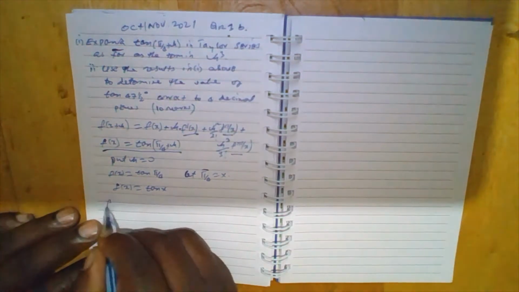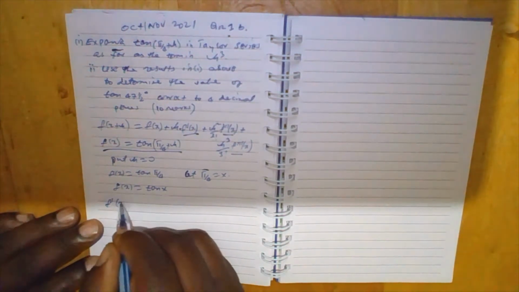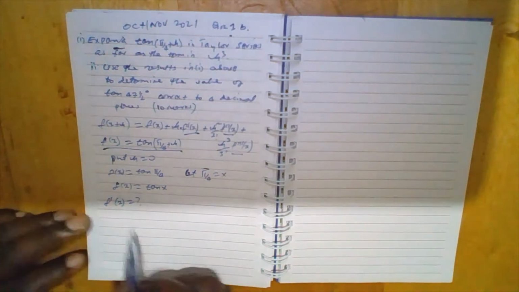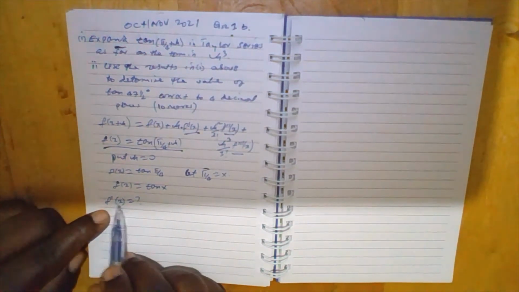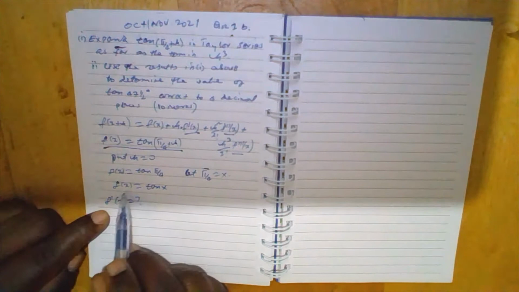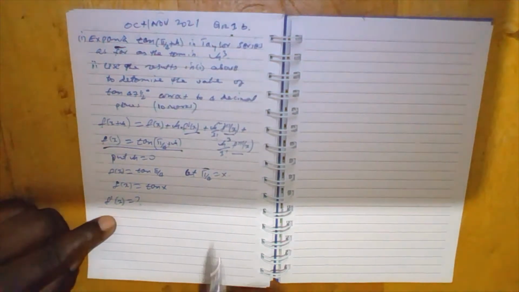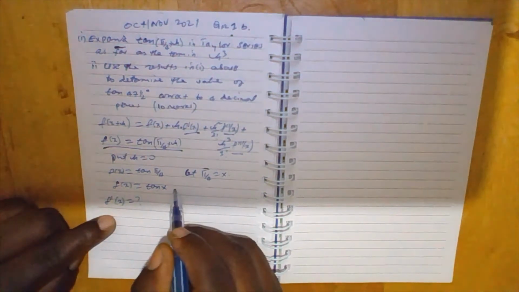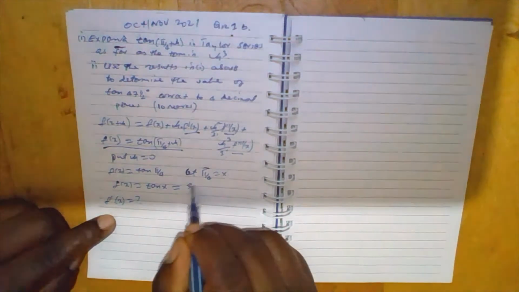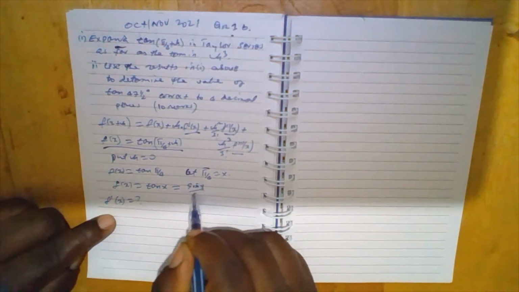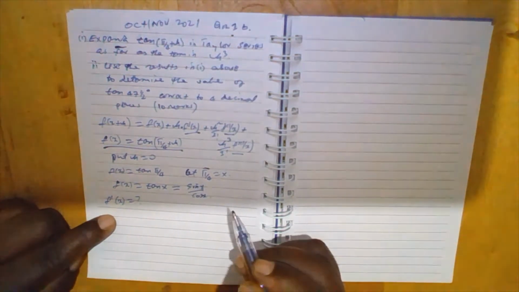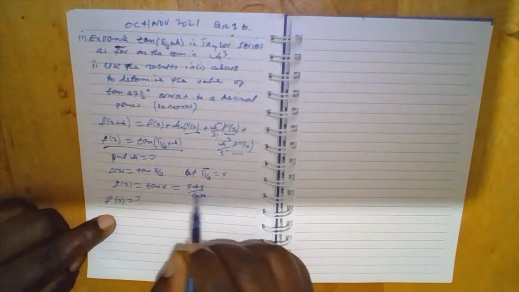Now how do I get f prime of x? You differentiate tan x, and remember tan x is the same as sin x over cos x. So we are going to differentiate this one.